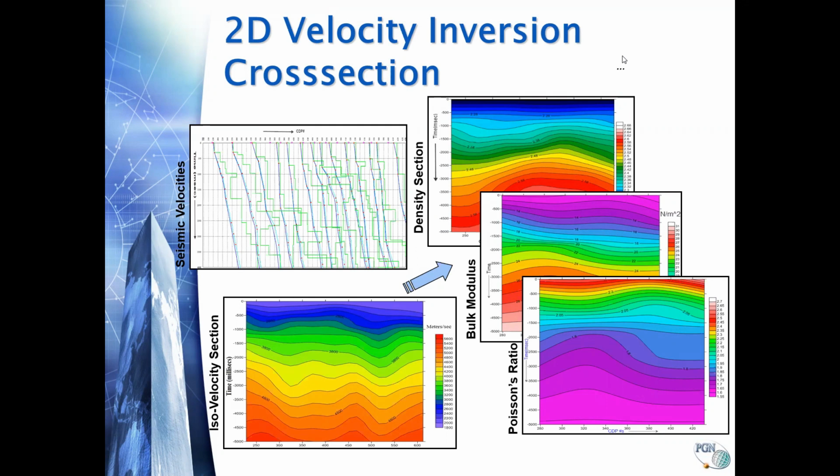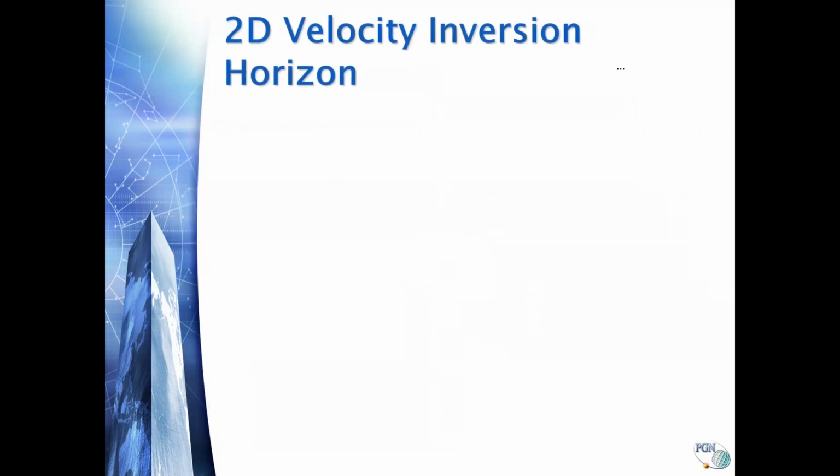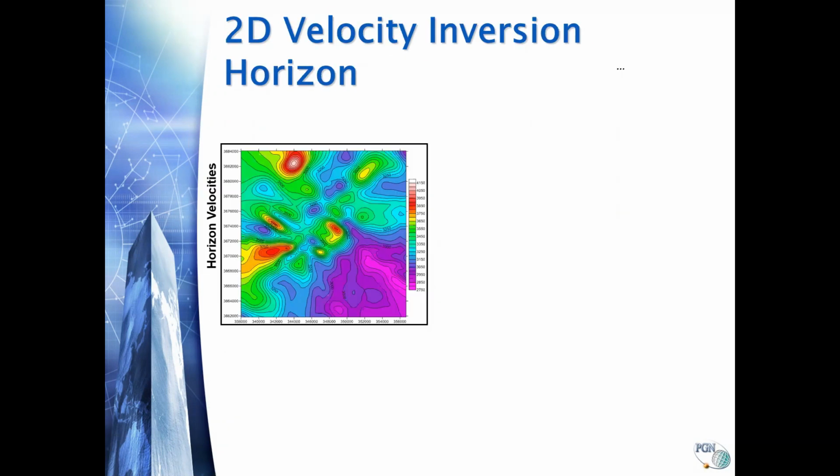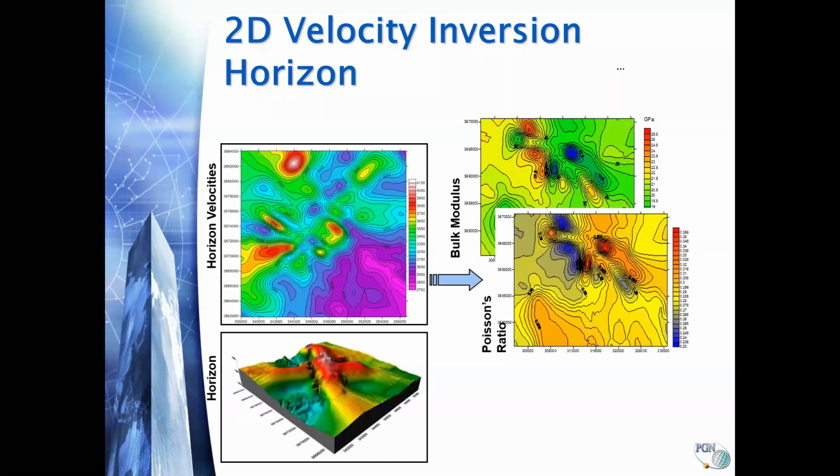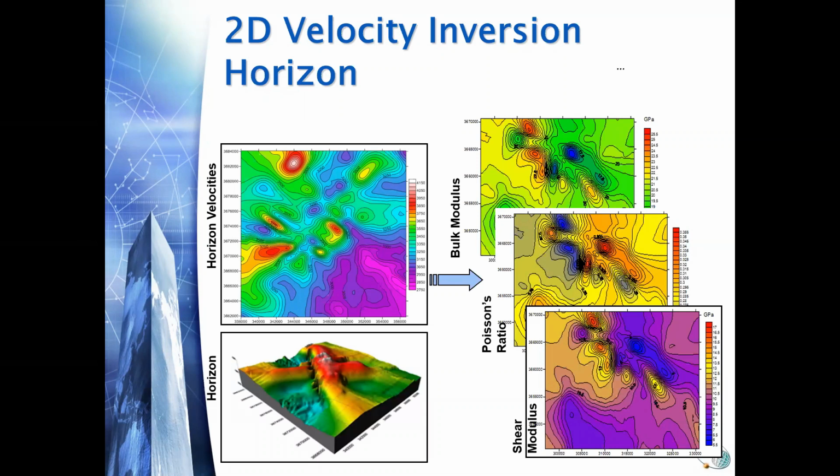We would call this a 2D velocity inversion, because from the velocity we are moving backwards to other rock properties. We can do the same if we have an interpreted horizon and along that we have picked the velocities. So we have the velocity contour maps, and then using those relations, we can compute bulk modulus, Poisson's ratio, and all these parameters.